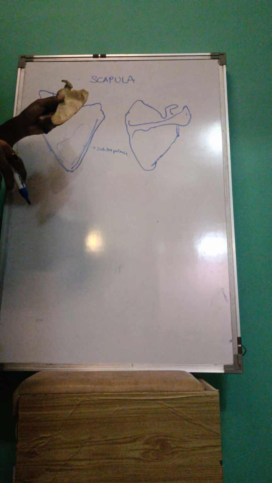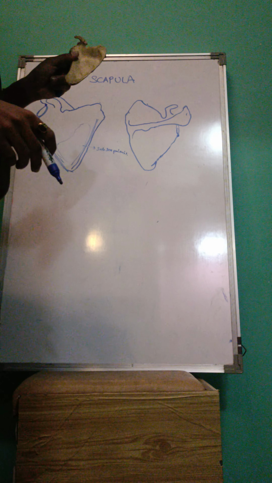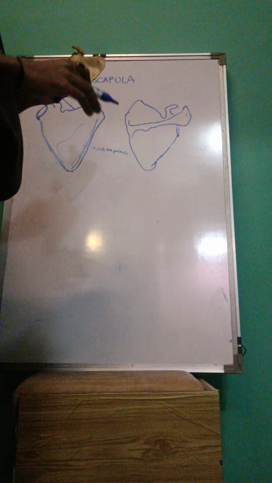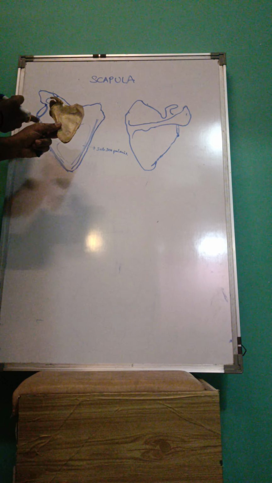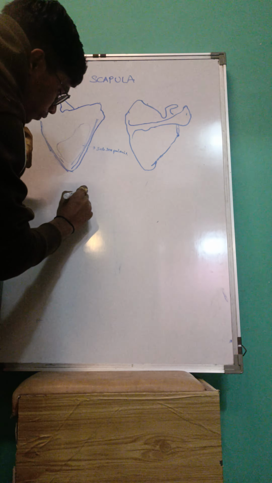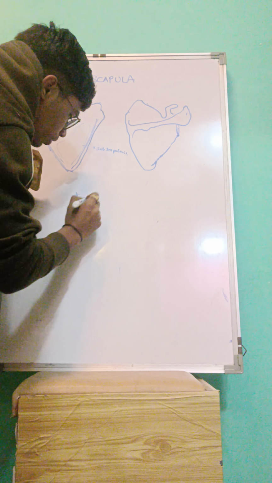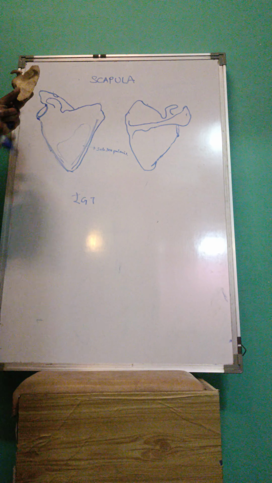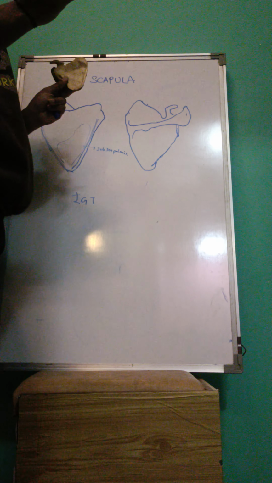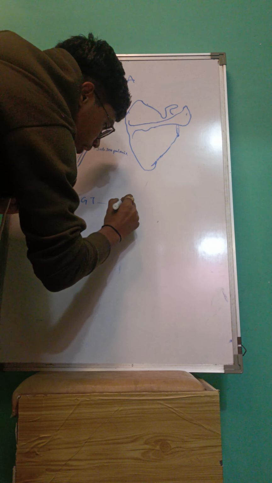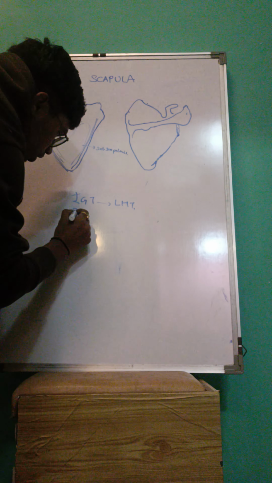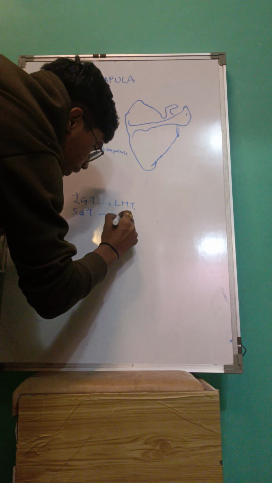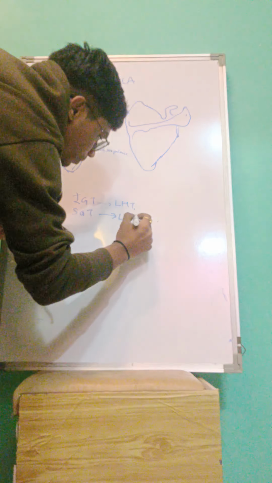Then the infraglenoid tubercle contains the long head of triceps, and the supraglenoid tubercle contains the long head of biceps.